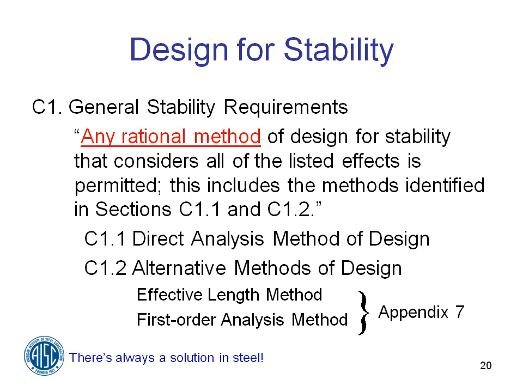So any rational method, this includes the methods identified in sections C1.1 and C1.2. The method identified in section C1.1 is the direct analysis method. The methods identified in section C1.2 are called the alternative methods of design.